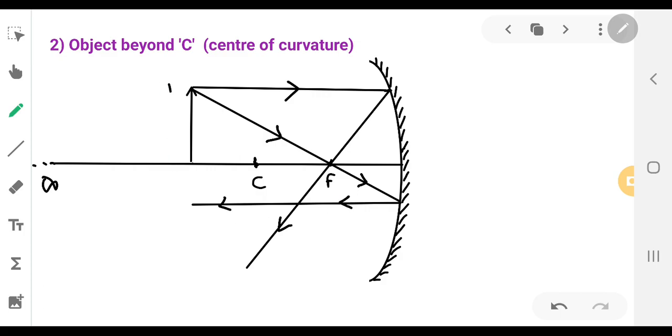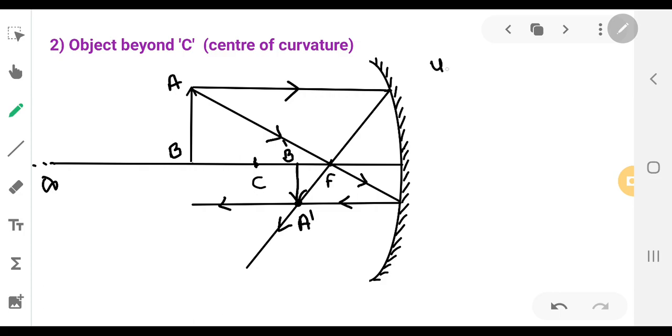So this is our object A, B. Two rays emerging from point A after reflection are meeting at this point. So this is the image of point A, that is A dash. And like that we can get the image here, A dash, B dash. Now list out the nature of the image.